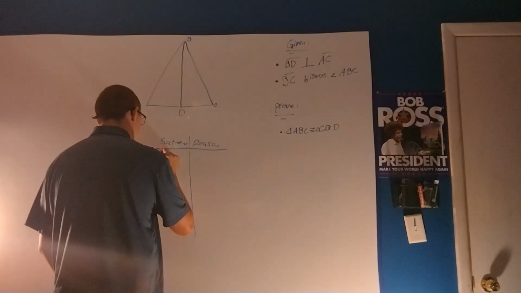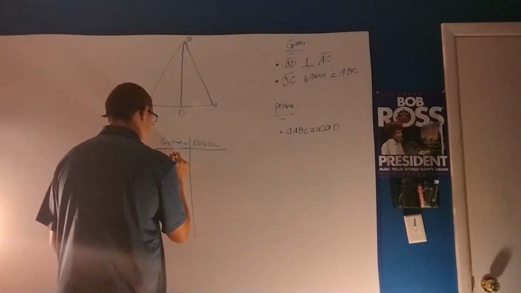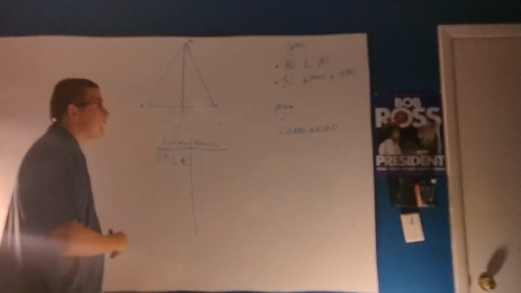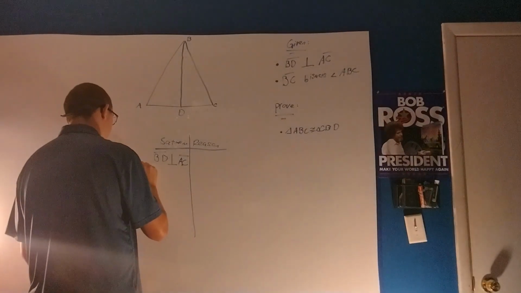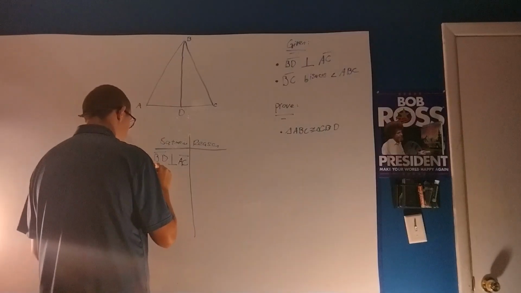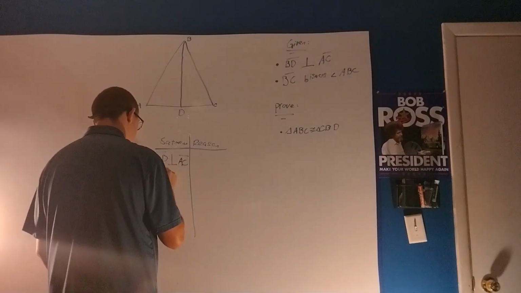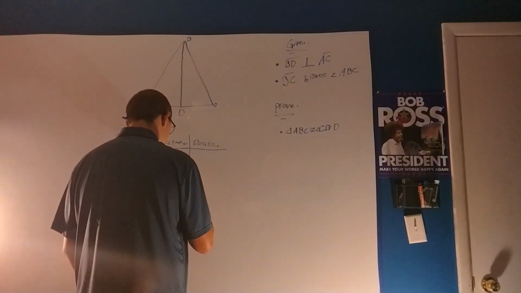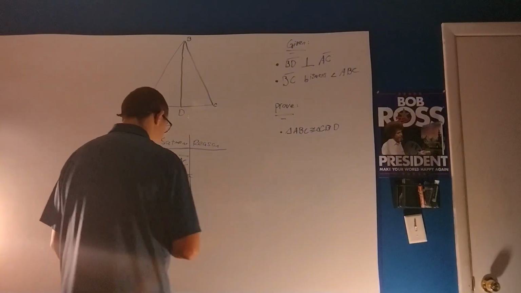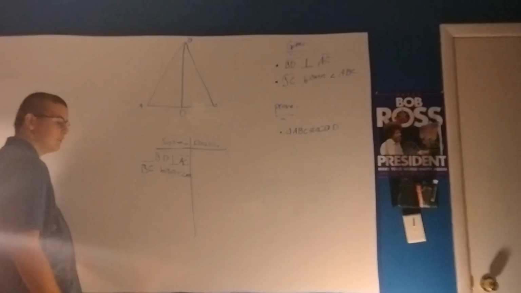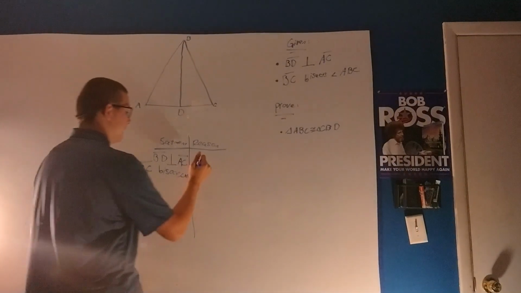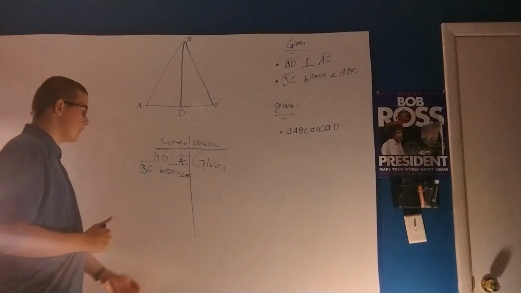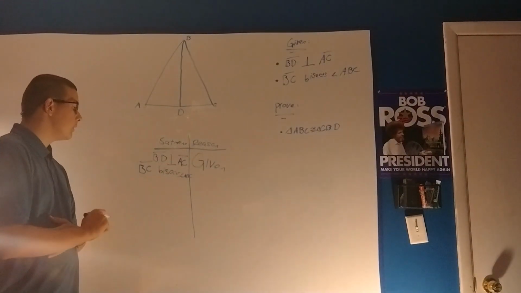So BD is perpendicular to AC, and that BC bisects ABC. Sorry, I ran out of room. I don't know if you can see that from back there, but given. Okay, so we have this.